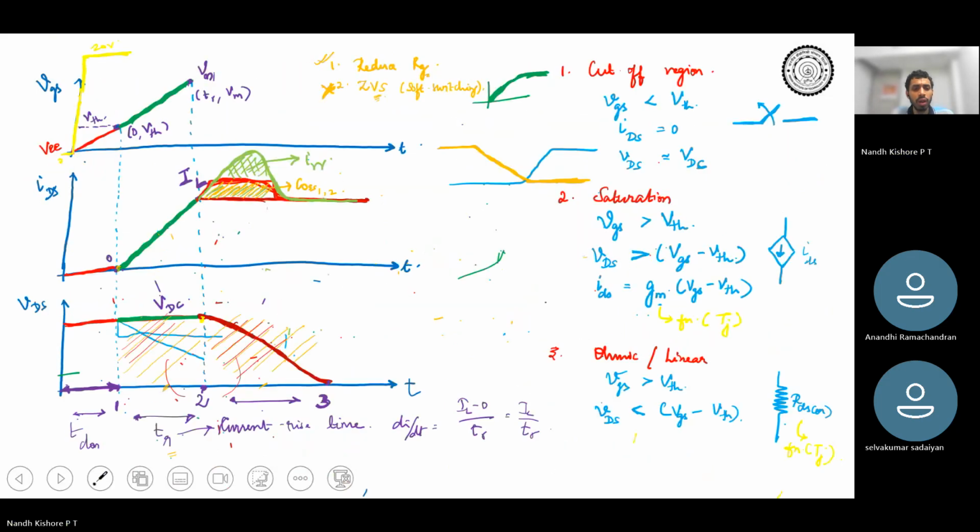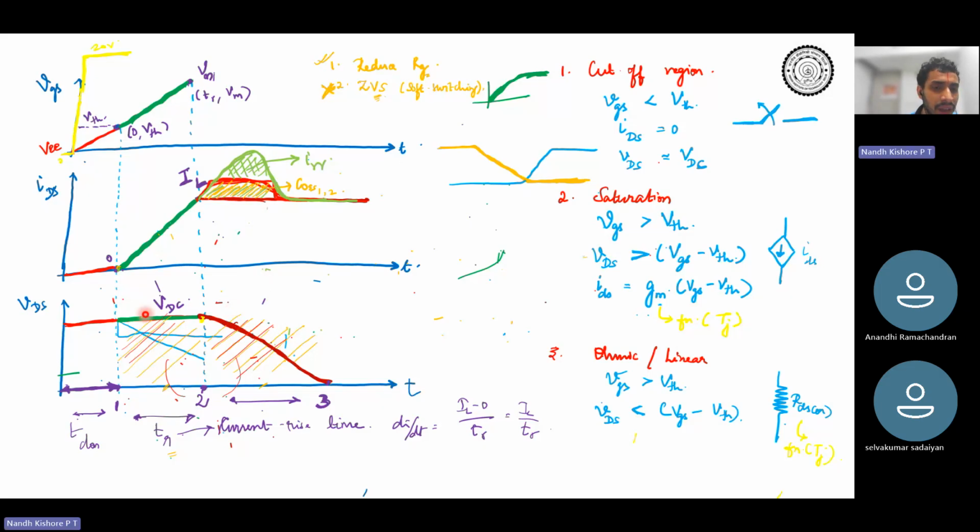Okay, fine. So another thing, this particular period is known as the current rise time. That is the time taken for the channel current to increase from 0 to the full load current, in our case, 20 amperes. This is your current rise time. And in this case, the voltage remains VDC. Okay.